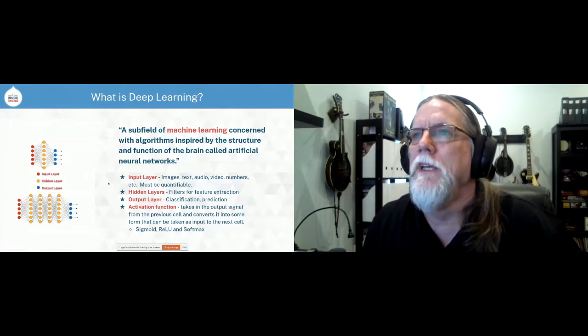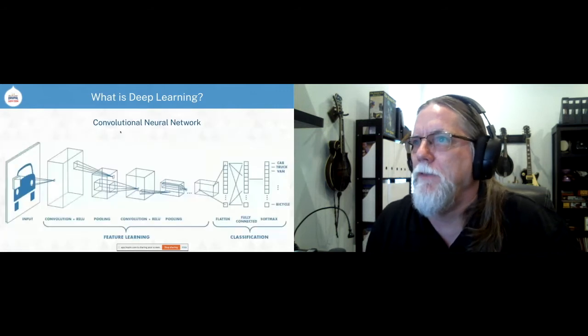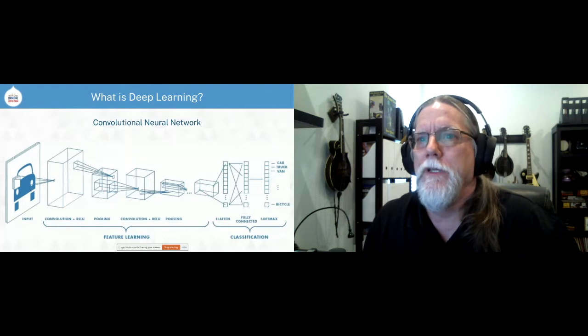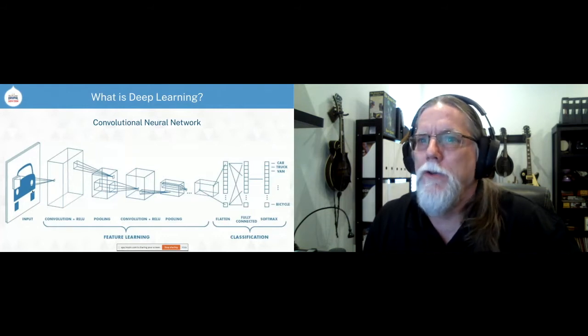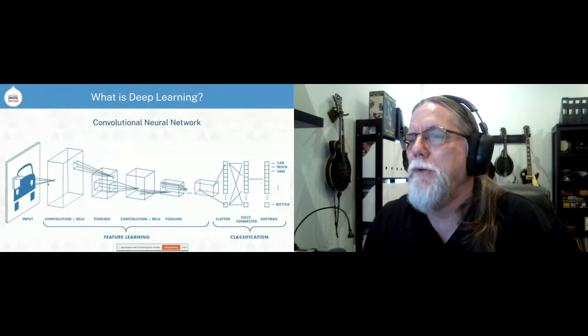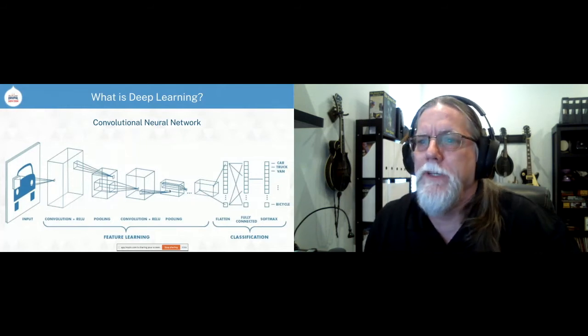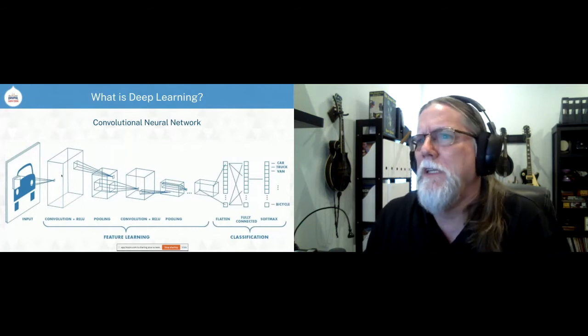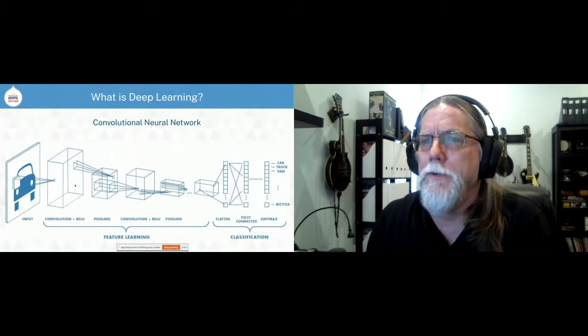So this is an example of what's called a convolutional neural network, and this is for classifying an image. So you show the model a picture of a car, and it's going to put that input through all these different hidden layers. These convolutional layers, you can think of as a kind of filter.